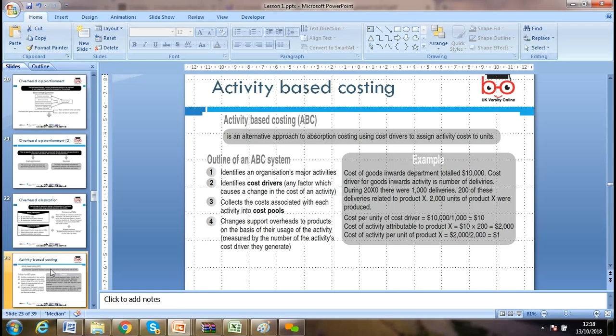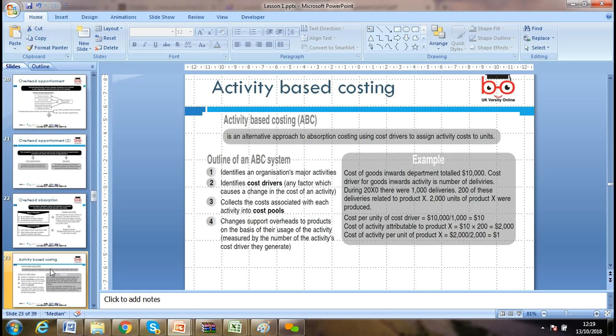Like here, for example, total cost 10,000, cost driver inward activities, deliveries. So we can look at 1,000 deliveries. 200 of these deliveries related to X, and 2,000 units of product X were produced. So cost per unit of cost driver is 10,000 divided by 1,000 deliveries, which is £10 a delivery.